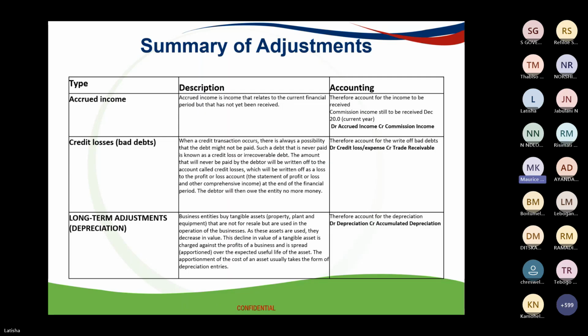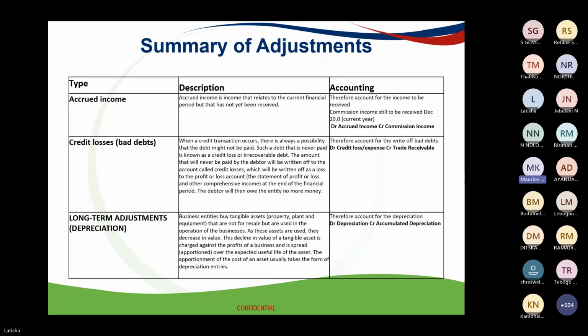Such a debt that is never paid is known as credit loss or irrecoverable debt or bad debt. So it's money that a debtor owes you, but the debtor is not in a position to pay you. So that becomes a bad debt.